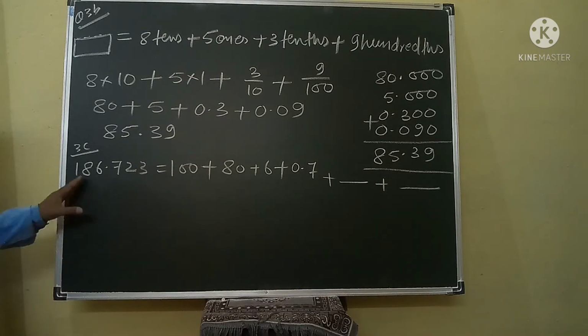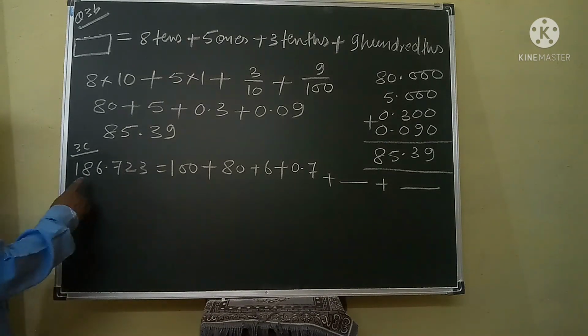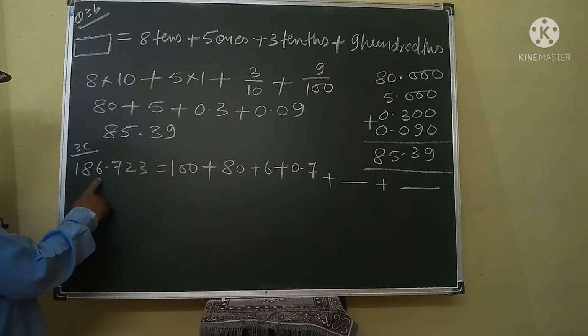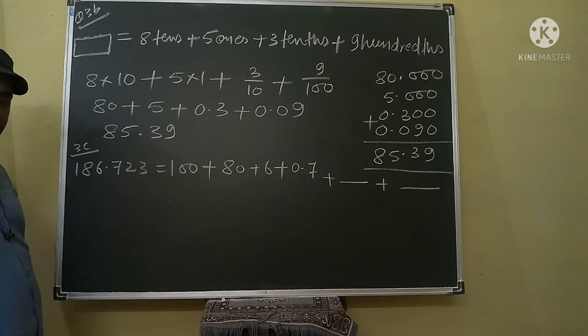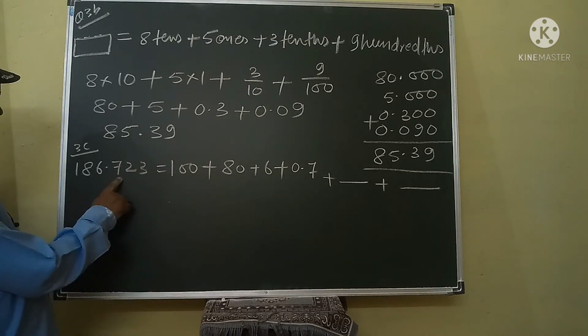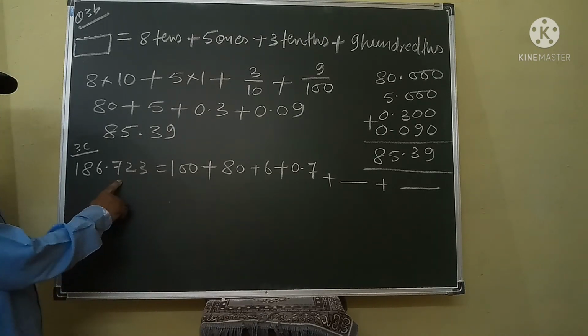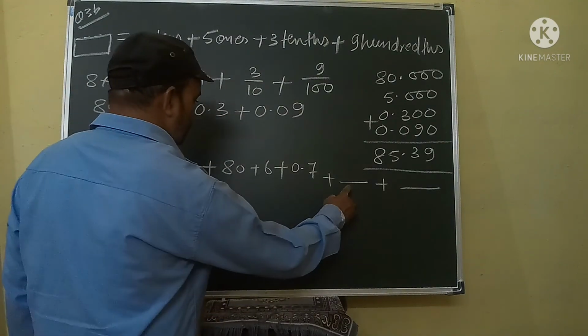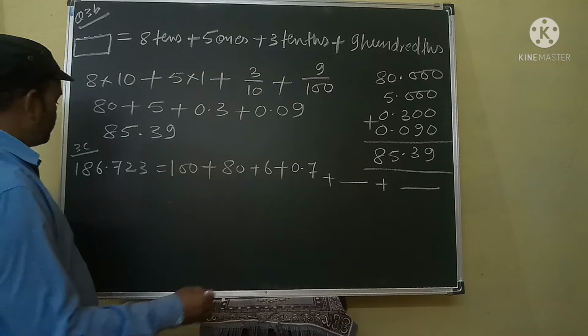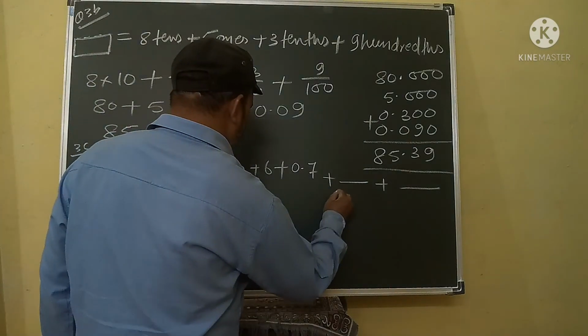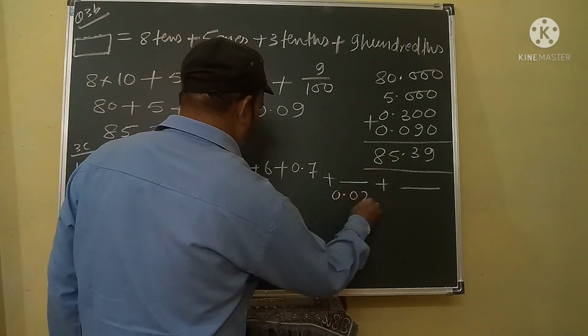According to the question, 186 means 100 plus 80 plus 6, and this is 0.7. Now in this place which number can we write? There will be 0.02.